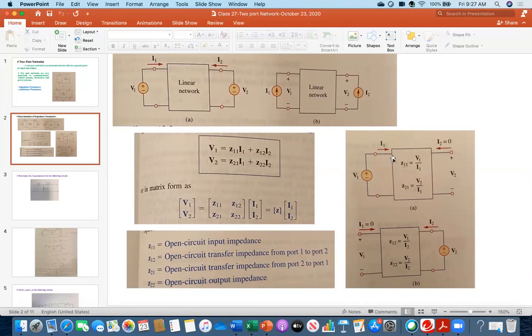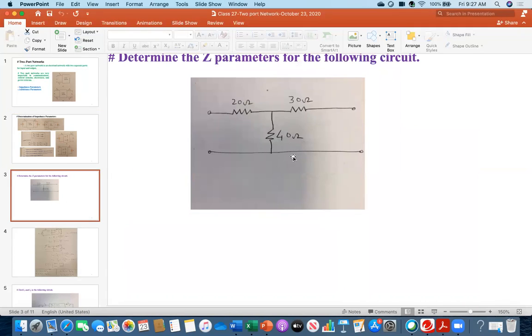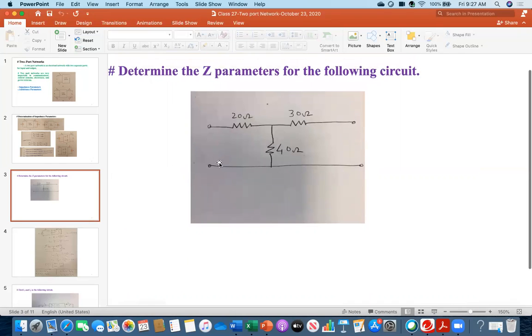First we will apply this technique. We will assume that there is a voltage source on the left side, and the right side is open. Next time we will assume that there is a voltage source on the right port, but the left port is open. Now everybody see, this is my circuit. First assume that there is a voltage source here, but this side is open.